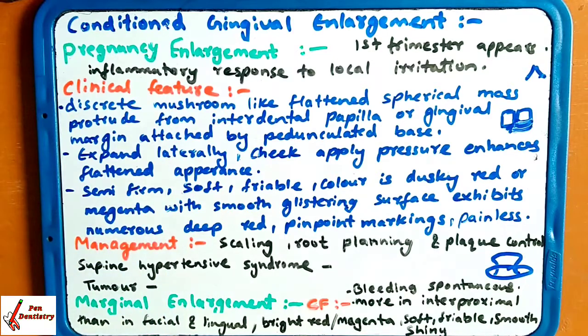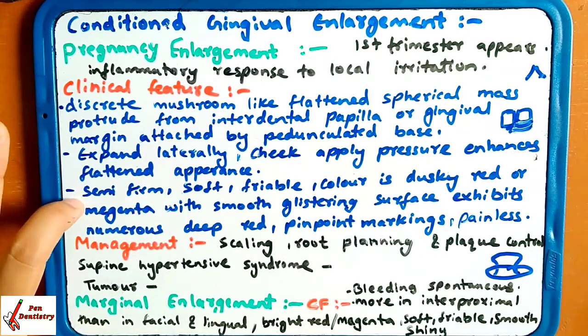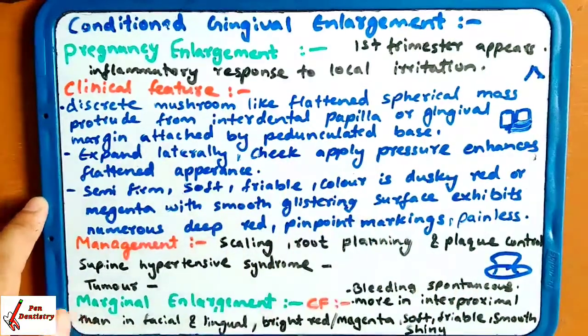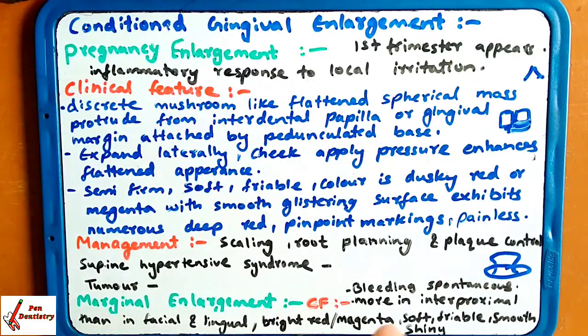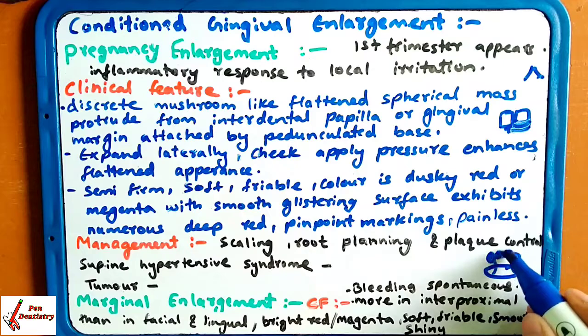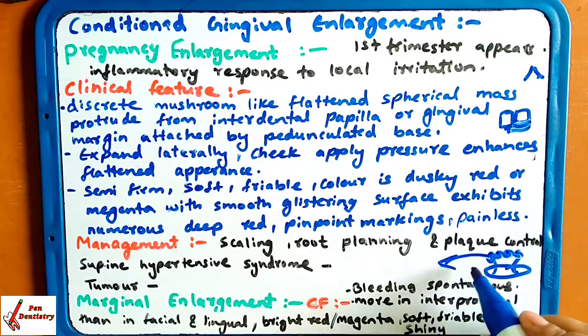It is semi-firm, not too hard and not too soft. Sometimes it is soft and sometimes it is friable. Pliable means it can be plugged, or a part will come out from this tumor.